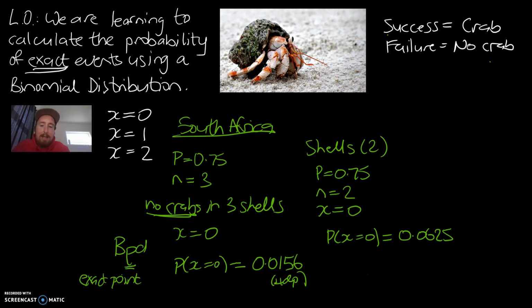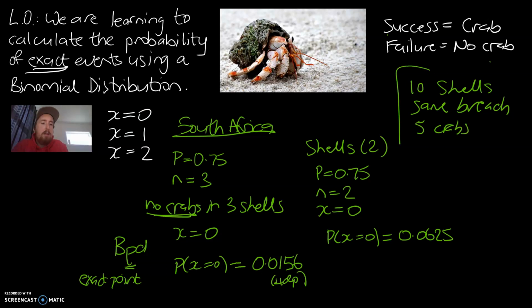And then maybe our last scenario. Maybe I'm at that same beach, and this time around, we've got 10 shells. It's the same beach, and I want to know, what's the probability of getting exactly five crabs in those shells? We can use the same skills we've looked at. Our number of trials is now 10 because we've increased it to 10 shells.